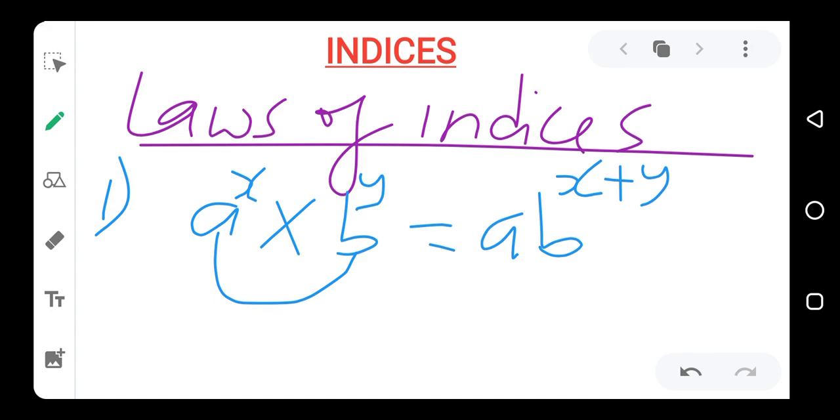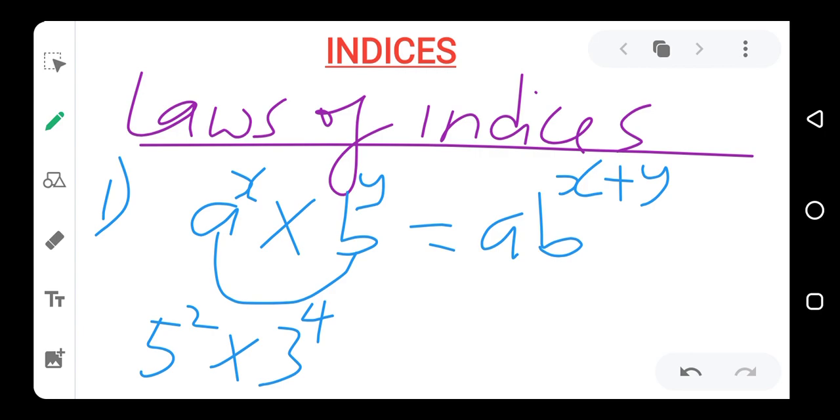Now let's look at some examples on this. If we have 5 raised to power 2 times 3 raised to power 4, and we are asked to evaluate this, how are we going to do it?